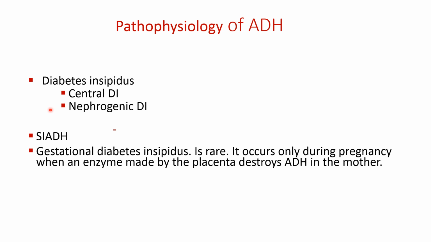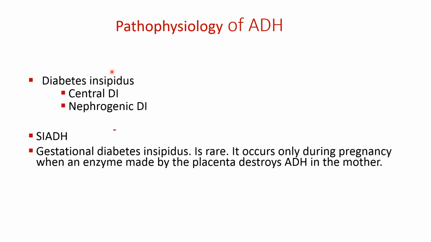They don't respond to ADH. So there is a receptor problem. It's not a hormonal issue, it's a receptor issue. And since the problem is within the nephron itself, we refer to it as nephrogenic diabetes insipidus.